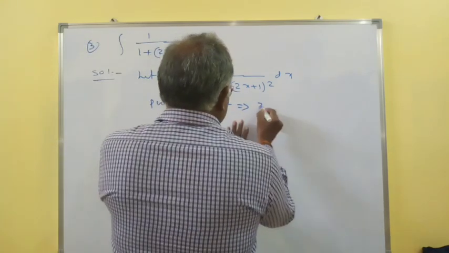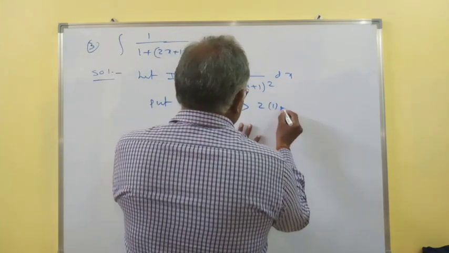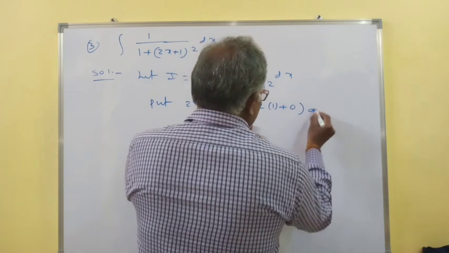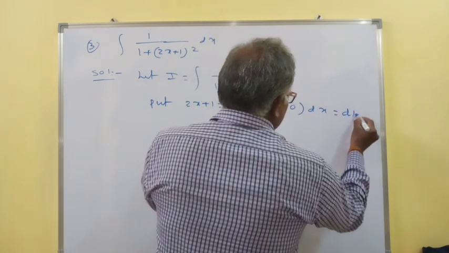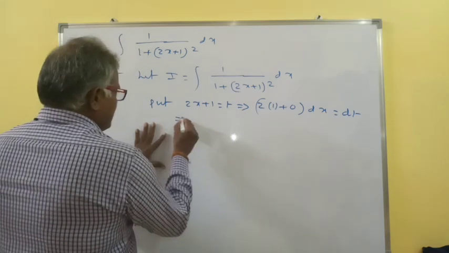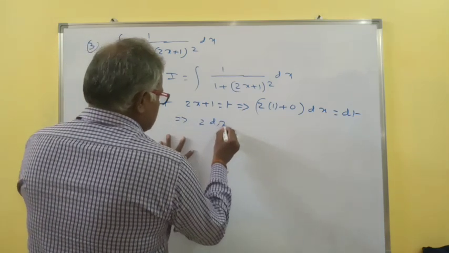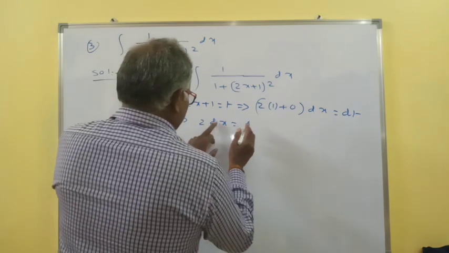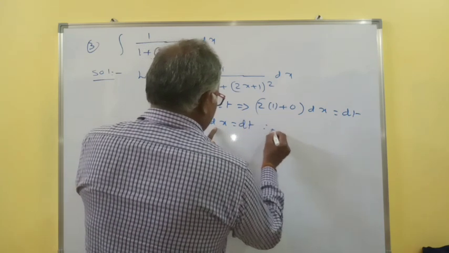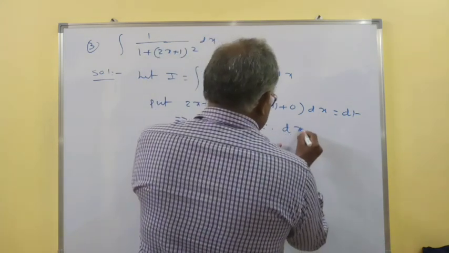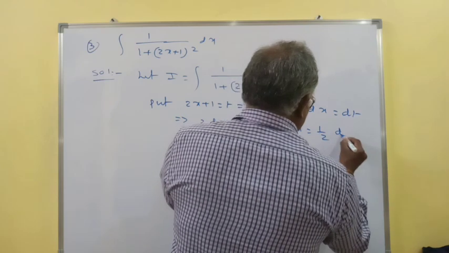The derivative of this is 2 into 1 plus 0, so 2 dx is equal to dt. Therefore dx is equal to 1 by 2 dt.